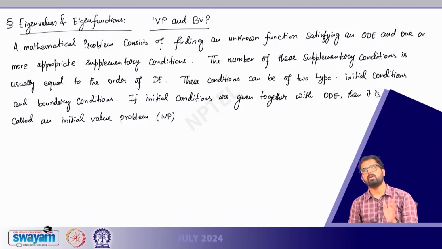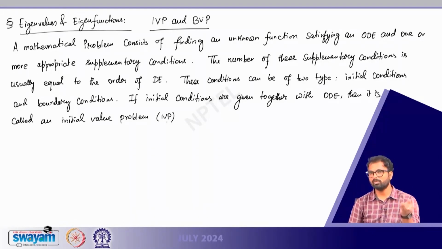And if boundary conditions are given together with the ODE, then you call it a boundary value problem. If both initial and boundary conditions are given, which may also happen, then you can call it an initial boundary value problem or just a boundary value problem, because you have both of them given.